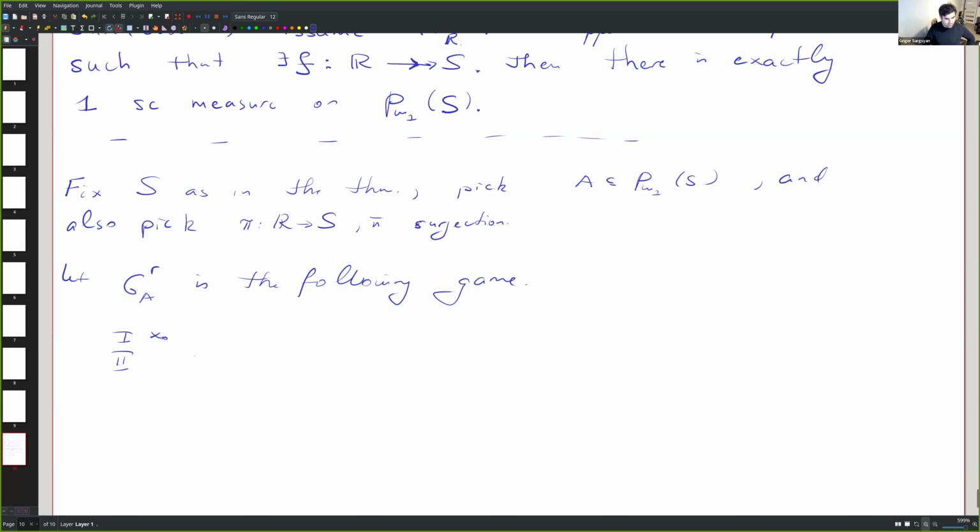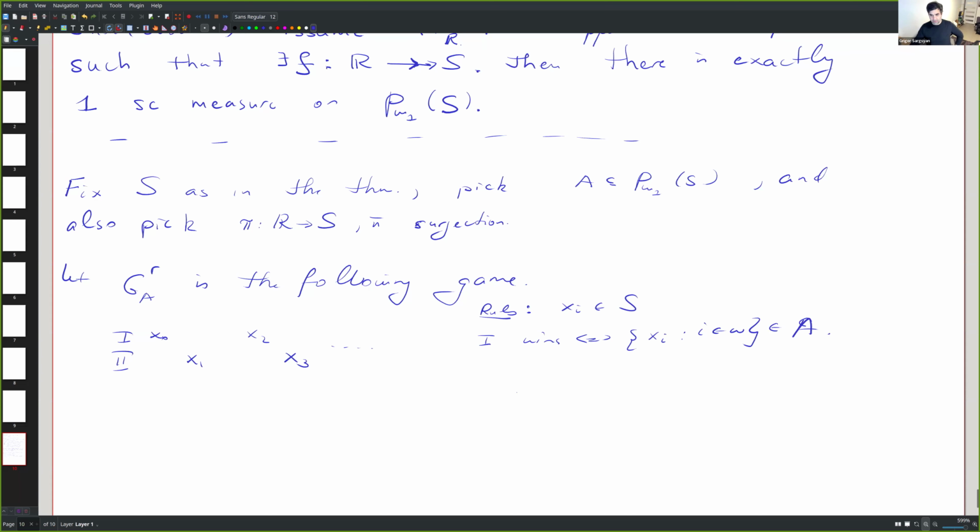So we have x0, x1, except now we're just doing only singles. The rules are that xi has to come from S. And one wins if and only if the set they produced belongs to A.